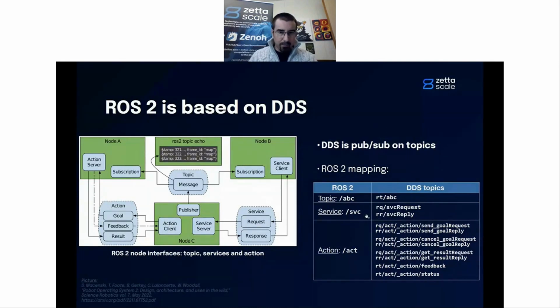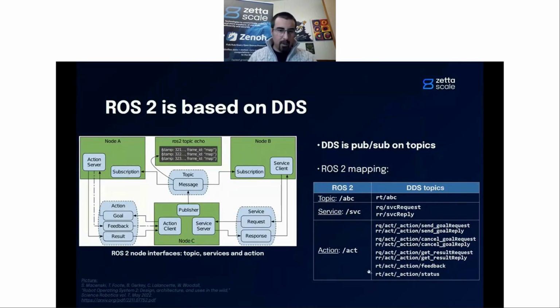A ROS2 action is actually a composition of three services: one service to send the goal, one service to cancel the goal, and one service to get the result of the goal, plus two publications, one publication for the feedbacks and one publication for the status.